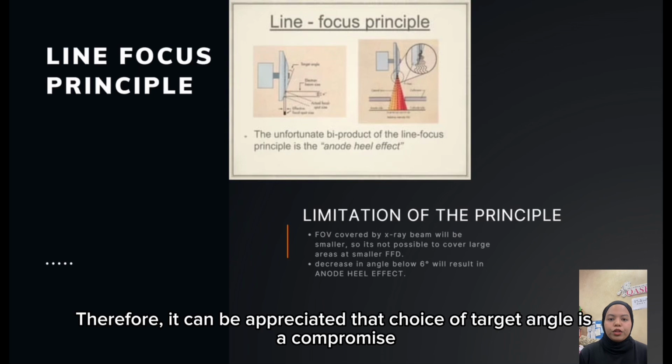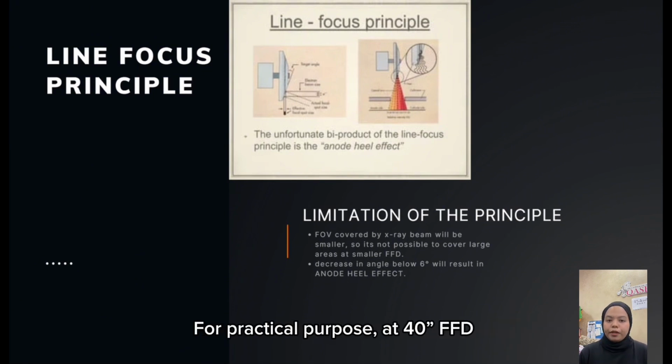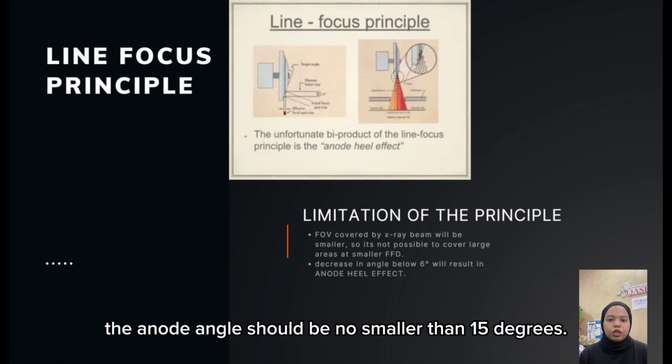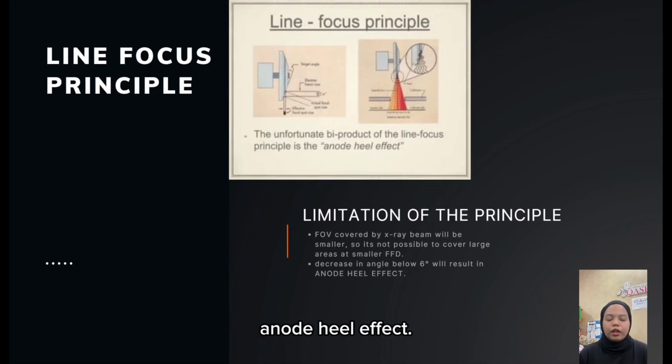Therefore, it can be appreciated that the choice of target angle is a compromise between geometric unsharpness and desired field of view. For practical purposes, at 40 inch FFD, the anode angle should be no smaller than 5 degrees. A decrease in angle below 6 degrees will result in the anode heel effect.